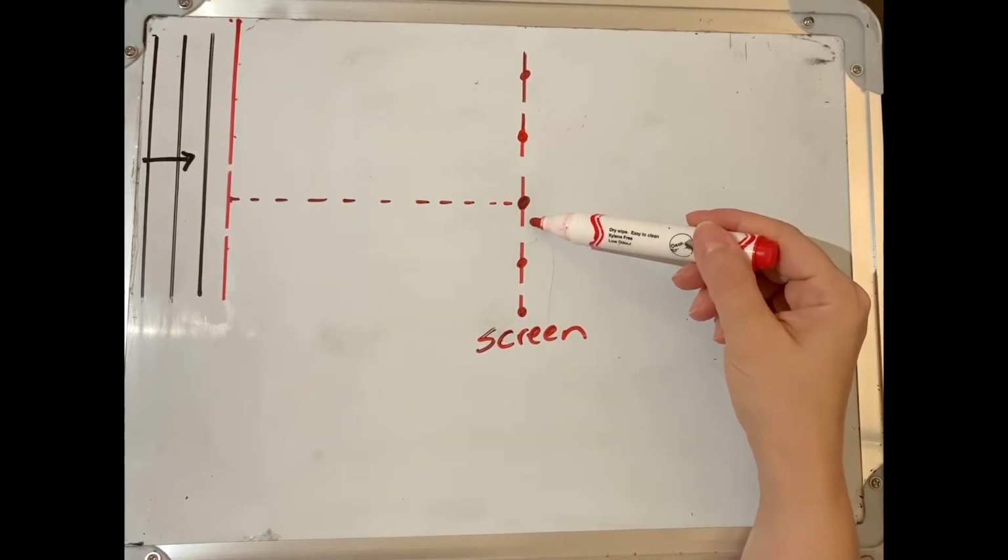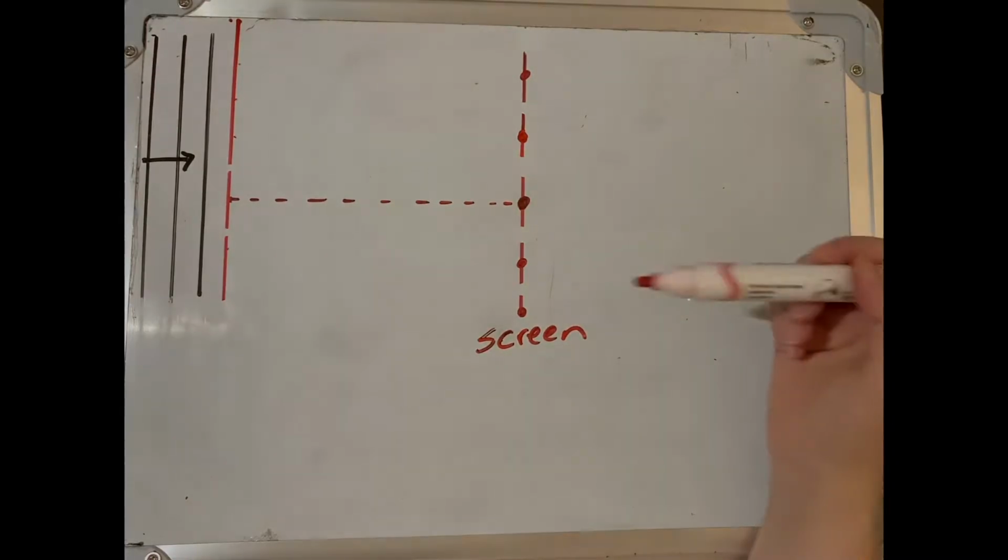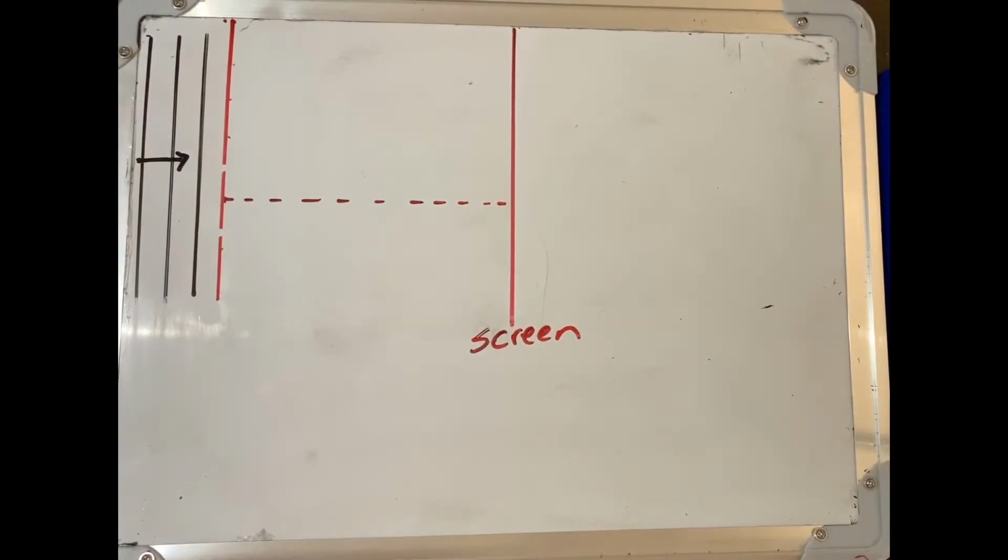A bright region, a dark region, a bright region, a dark region, etc. We learned in the diffraction lesson Huygens principle, which suggests that if there is a gap that is wide enough not to be a point source, it behaves as a series of infinite number of point sources.